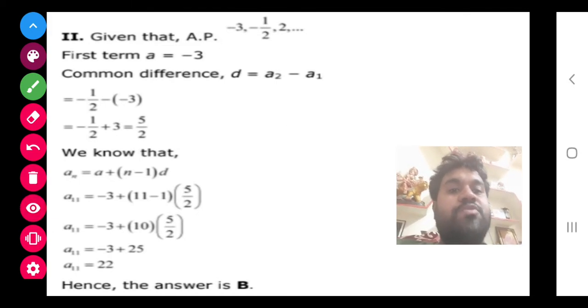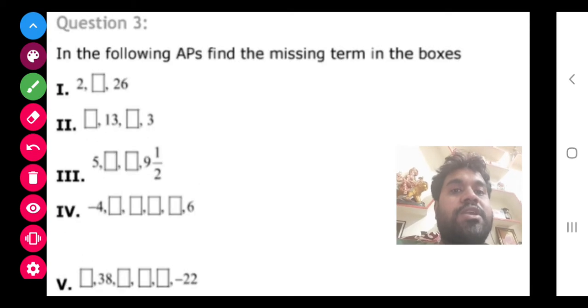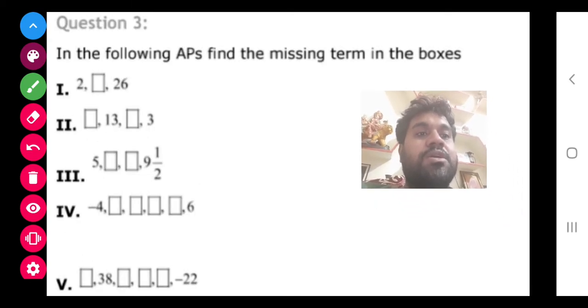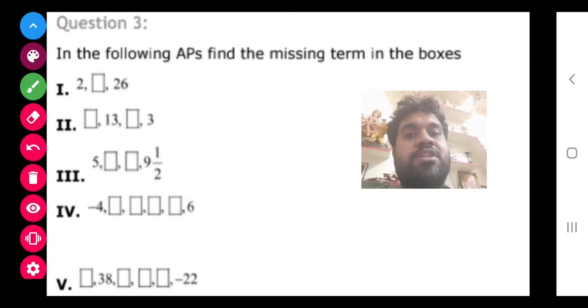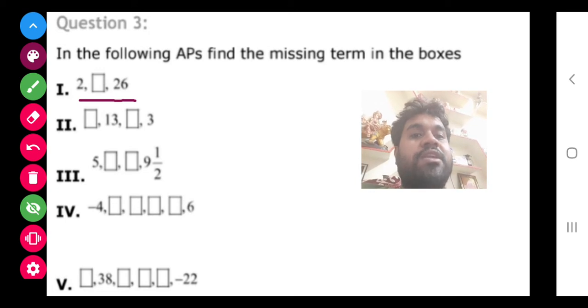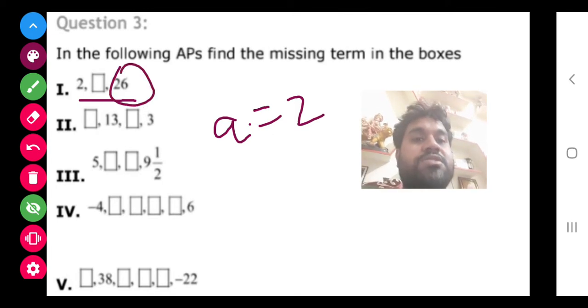Now class, let's move to the next question. Your next question is again the missing number we have to find out in between. So class, the trick is that we can see here are three elements. Here a is equal to 2, that is the first term, and here 26 is the third term. The third term we call a plus 2d.